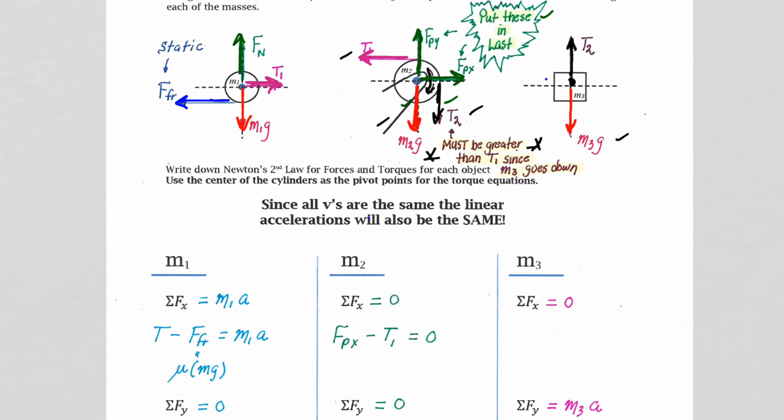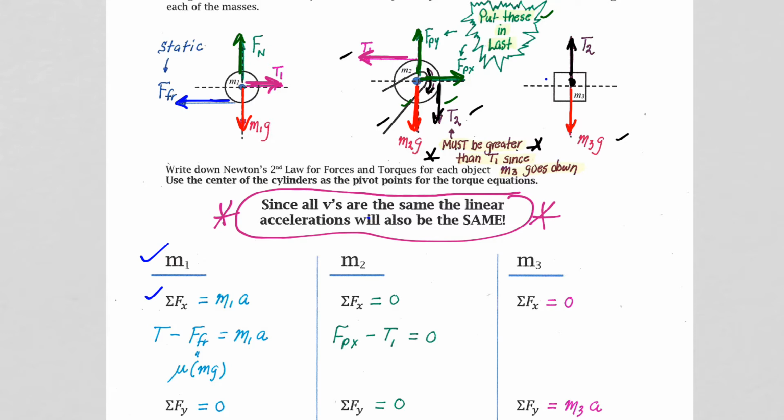Let's look first at M1. So we can start over here now. Sum of the forces in the x direction equals mass 1 times acceleration in the x direction. And I almost left off one of the most important things. Please make sure you highlight or circle or put stars or all three next to this.